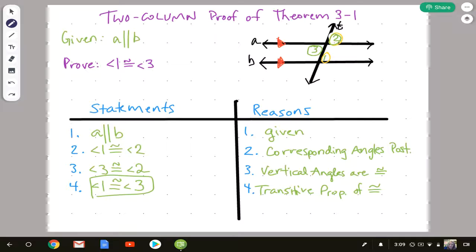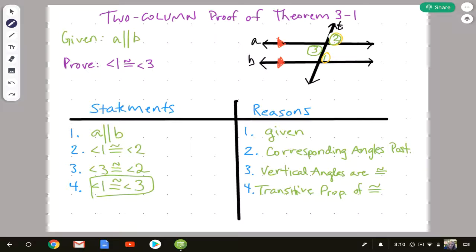Now as you go, it's not always going to seem very easy, because as you're watching me do the proof, you can understand that it makes sense and why I'm saying the things I'm saying if you're following what I'm doing. But sometimes it's a little bit harder to plan it on your own. So the good thing to do is to try to work backwards from what you're trying to prove to what you're given.